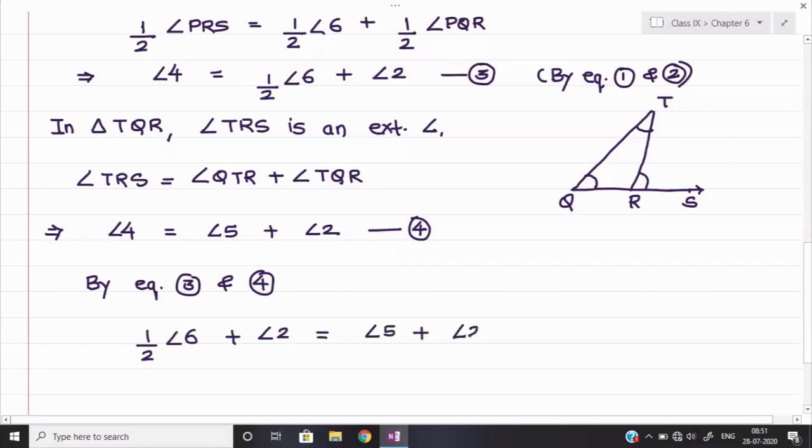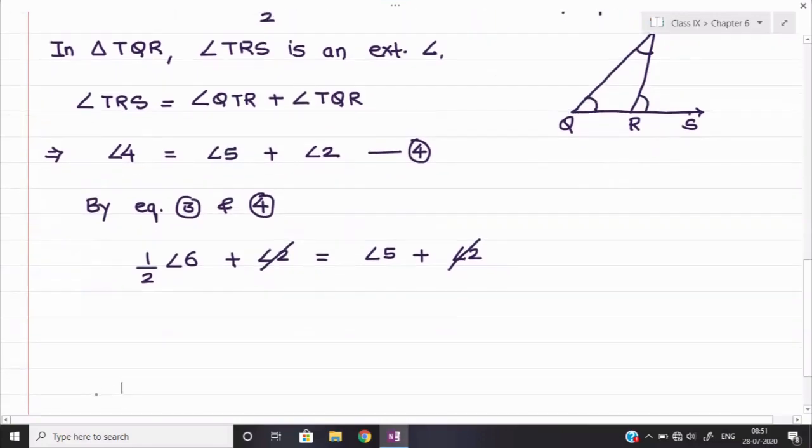Now you observe the absolutely same two terms are lying on different sides of the equation. So this angle number 2 and this angle number 2 we can easily cancel. So at last what do we get here? We get angle 5 is half of angle number 6.